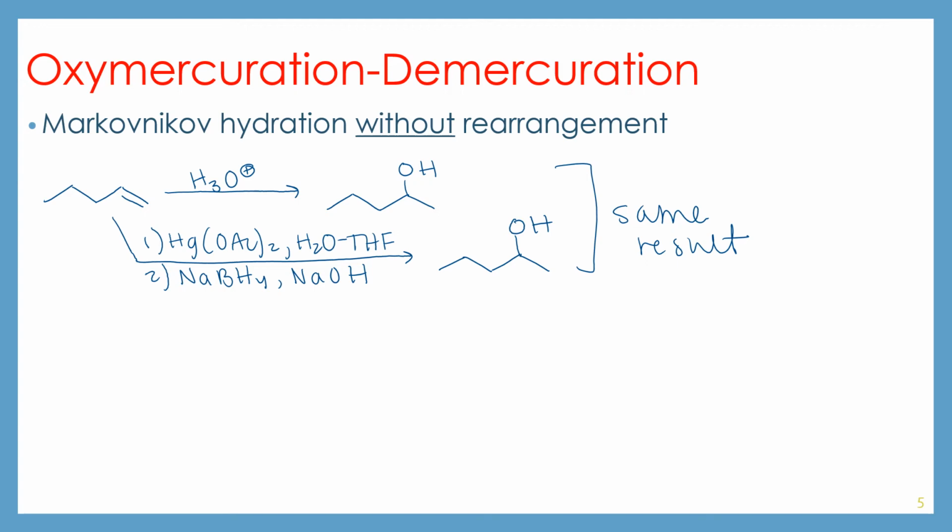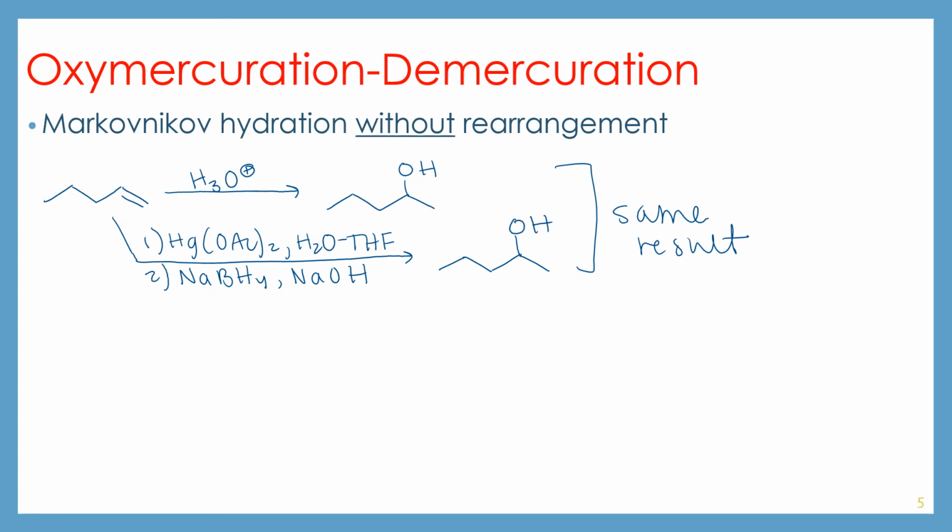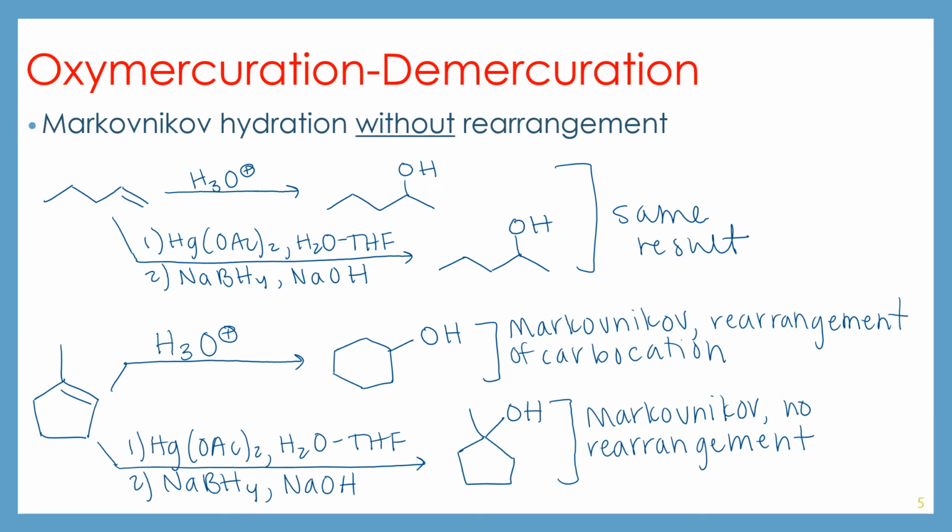So the conditions are here. And this isn't a particularly great example because no rearrangement would have happened in this acid catalyzed situation anyway, but it still would not do a rearrangement if that was a possibility. Here's a good example.